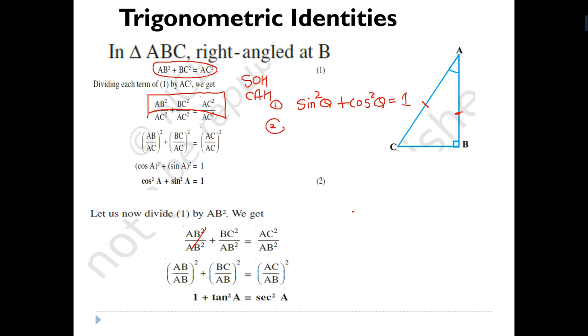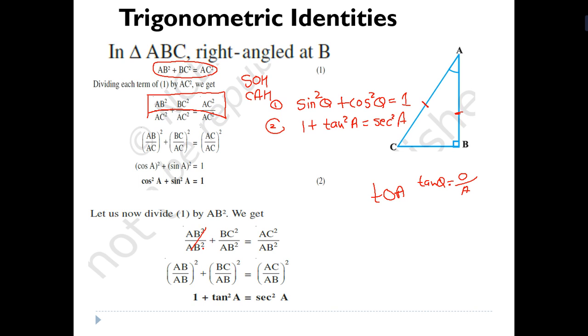TOA means tan theta is equal to opposite upon adjacent. So tan A is equal to opposite, that is BC upon AB. So the second identity is 1 plus tan square A is equal to sec square A.